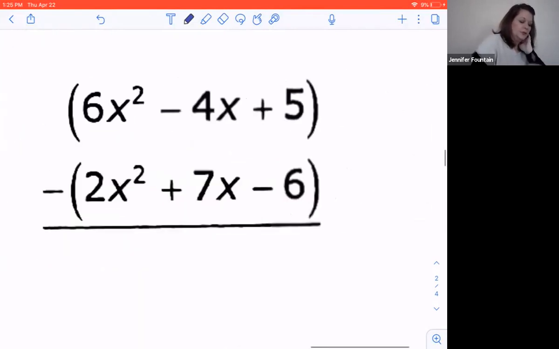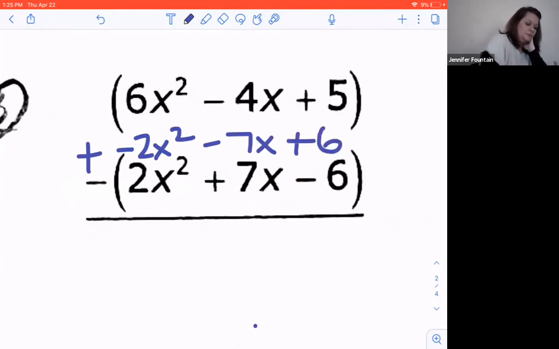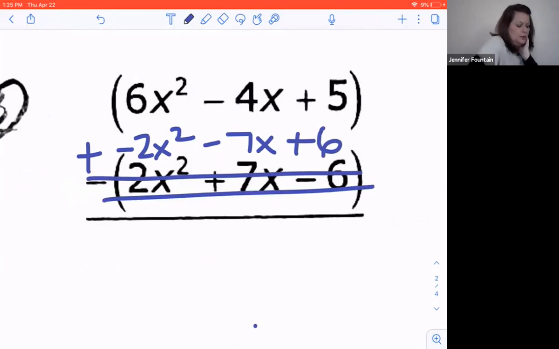On the next one, change to addition. I'll take the opposite of everything afterward. So now I can see I've got 6x squared plus a negative 2x squared. Take the sign of the larger, find the difference. So I have 4x squared.